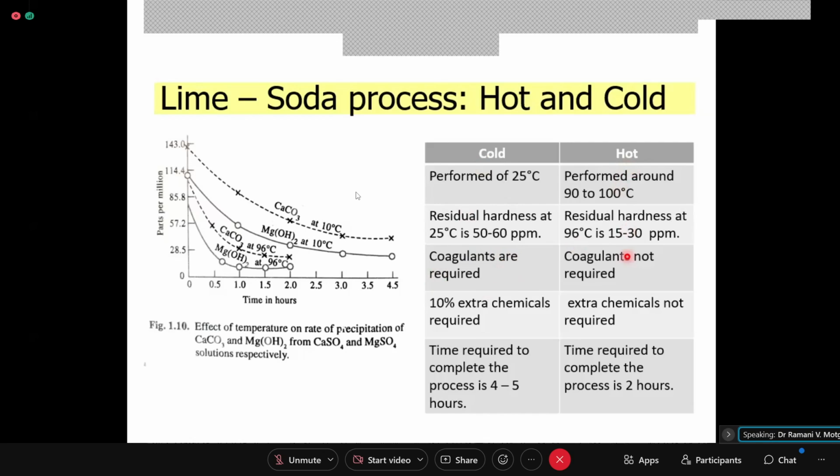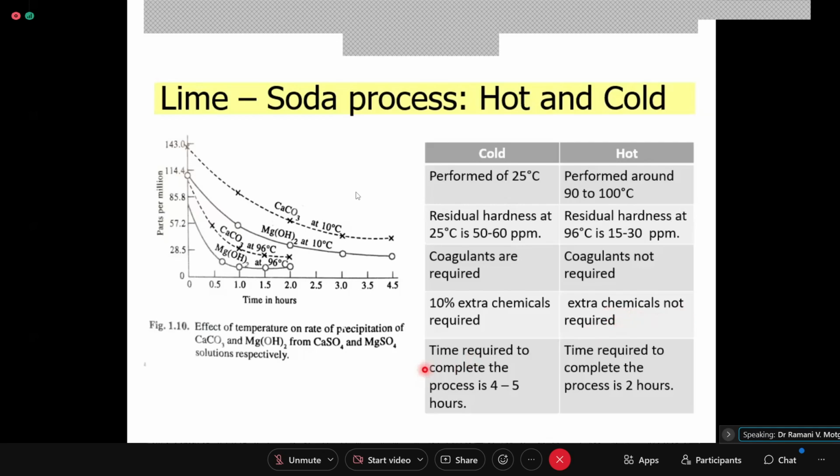So you need a flock, aluminum hydroxide flock or ferrous hydroxide flock, so that it settles down. But in hot lime soda process, the higher temperature helps in precipitation of salts quickly, and hence coagulants are not required. In cold lime soda process, 10% extra lime and soda is used, whereas in hot process you don't need extra lime and extra soda.